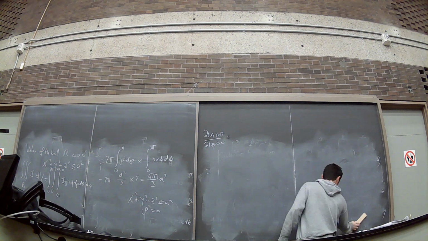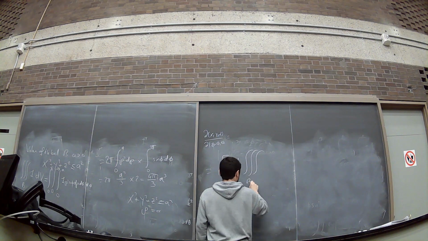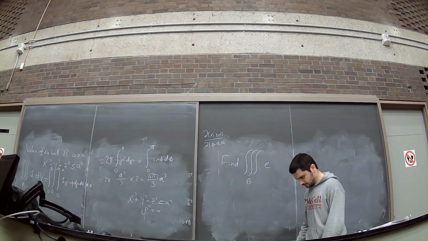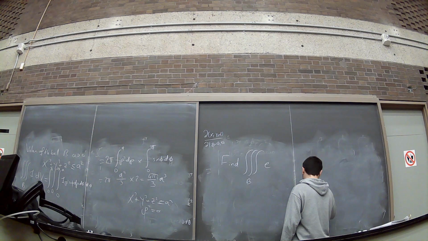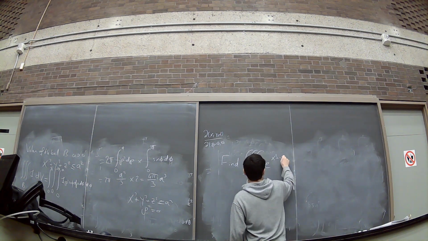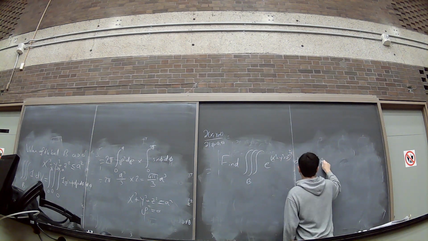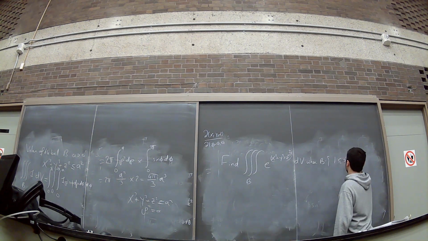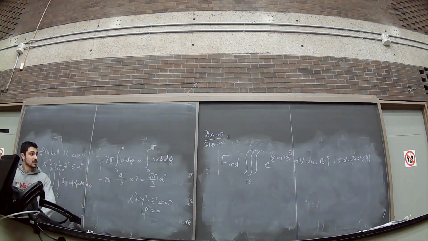Okay. Let's do one more. We need to find the integral over B of e to the power of x squared plus y squared plus z squared, to the 3/2, where B is the ball between the sphere of radius 1 and the sphere of radius 2.